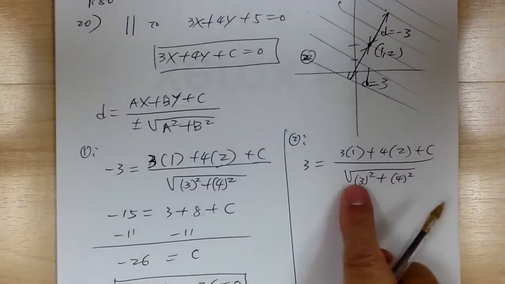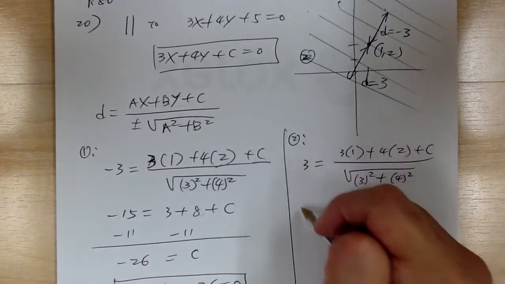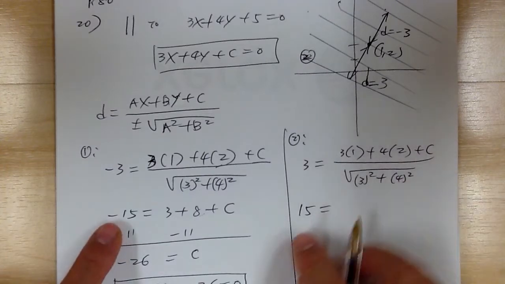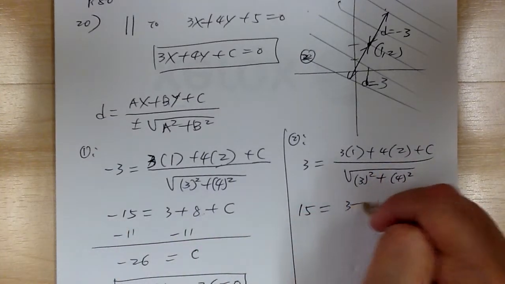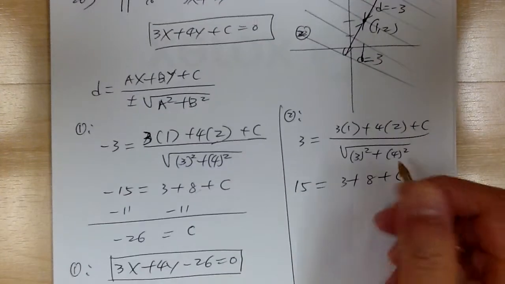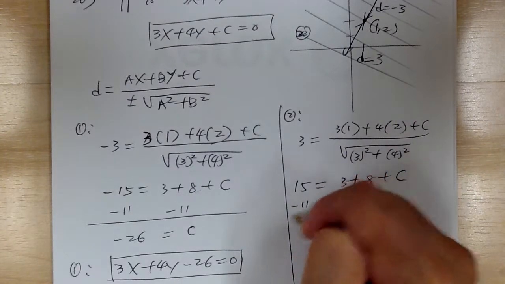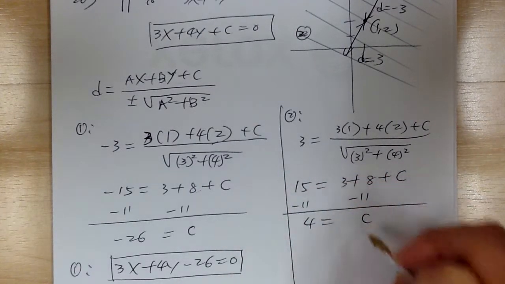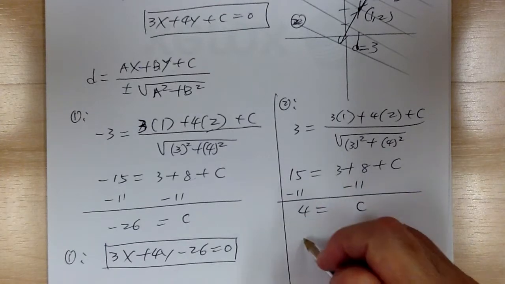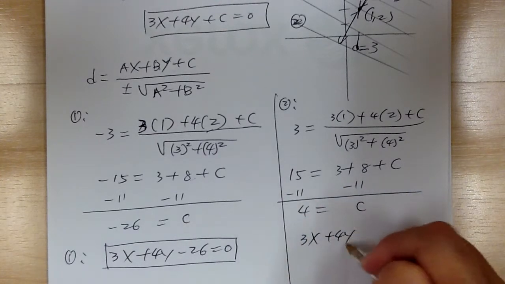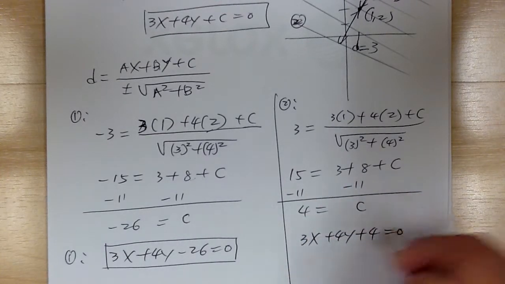Again, this is 5, so I cross multiply and get 15. This one is negative, this is positive. I do the same thing and subtract 11 on both sides, so I get 4 equal to c. So for the second line, we have 3x plus 4y plus 4 equal to 0.